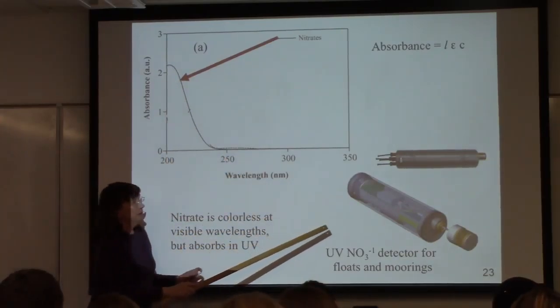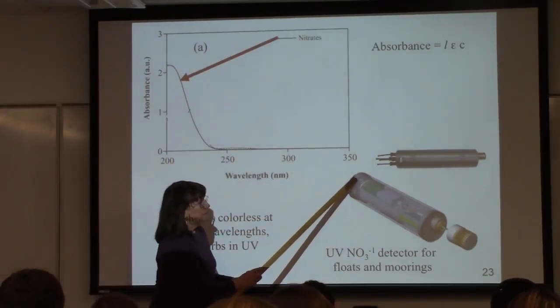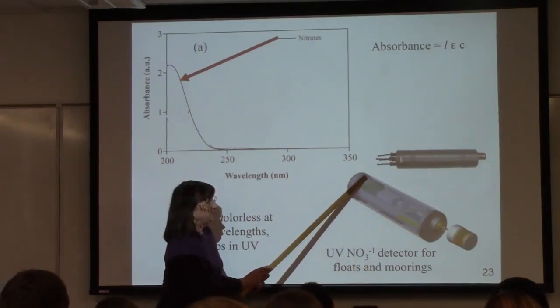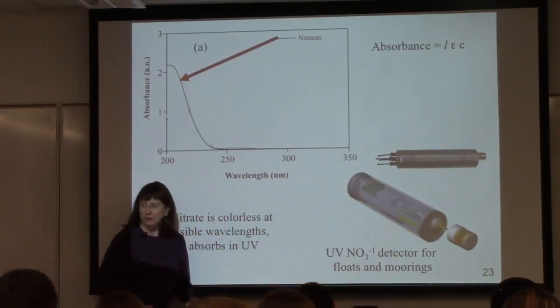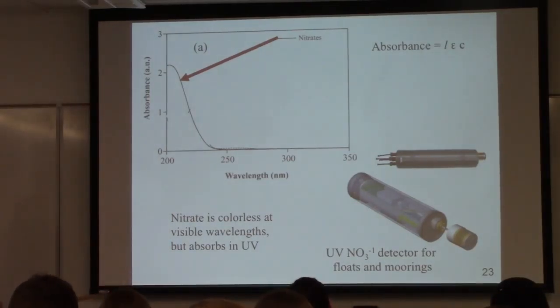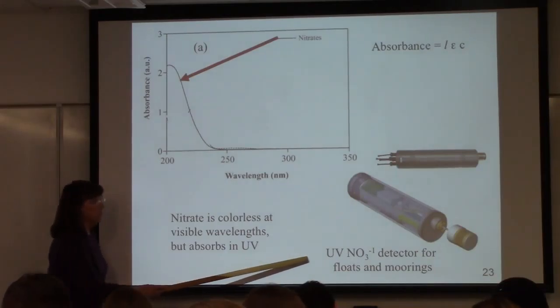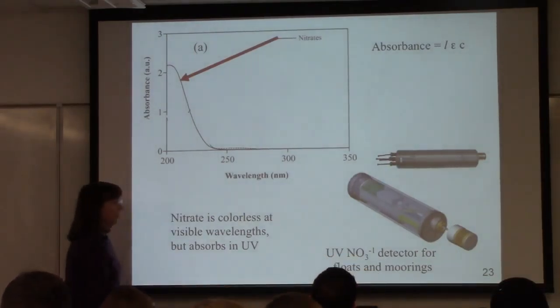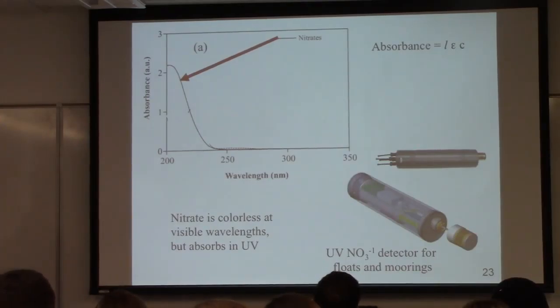These are some instruments that people use on moorings and on profiling floats, and Dr. Townsend has been doing a lot of work with these detectors that use the UV absorption of nitrate on moorings. If you run into him in the hall, ask him how his ISUS and SUNAs are doing. I think they're mostly SUNAs now, and I can't remember what SUNA stands for.